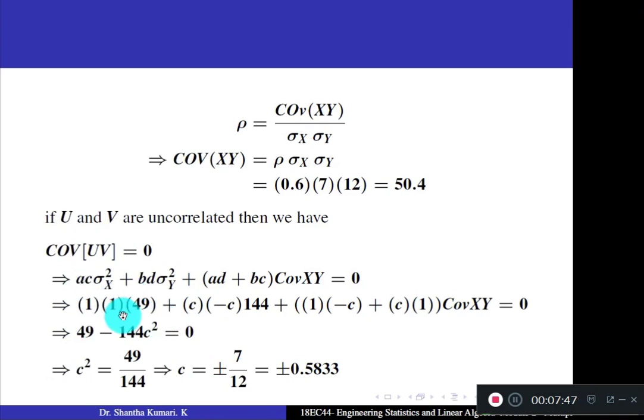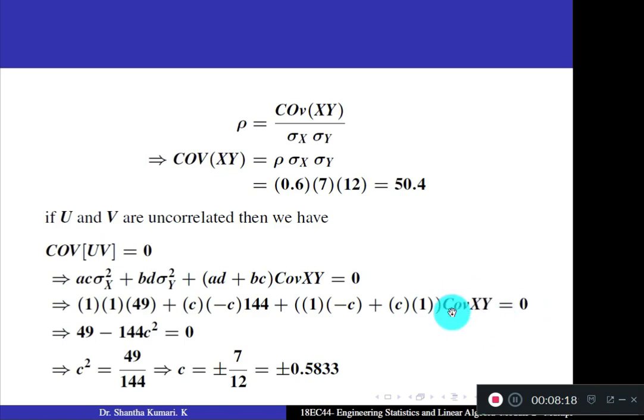So I am using this general formula: AC into sigma square x, where A is 1 and C is 1, plus BD into sigma square y, where B is c and D is minus c in this problem, and sigma y square is the variance, 144. Plus AD plus BC: A is 1 and D is minus c, plus B into C, where B is c and C is 1, times covariance of XY, which you just obtained as 50.4, equal to 0.